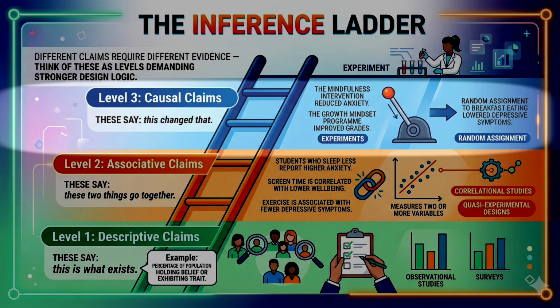Level 3, causal claims. These say, this changed that. The mindfulness intervention reduced anxiety. The growth mindset program improved grades. Random assignment to breakfast eating lowered depressive symptoms. Causal claims require designs with manipulation, comparison, and ideally random assignment.